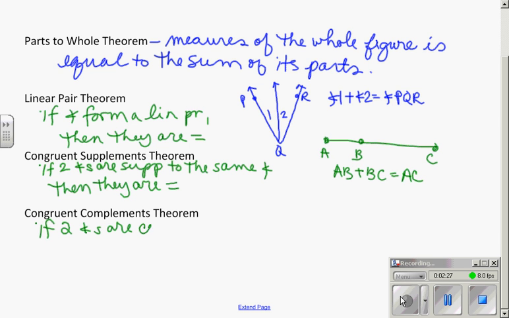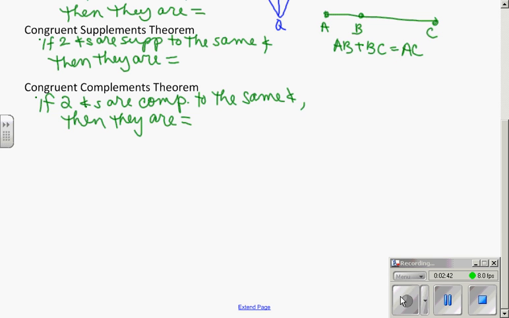If two angles are complementary to the same angle, then they are equal. This is probably best shown by an example. I will show you one example and it will kind of stand for both of them.